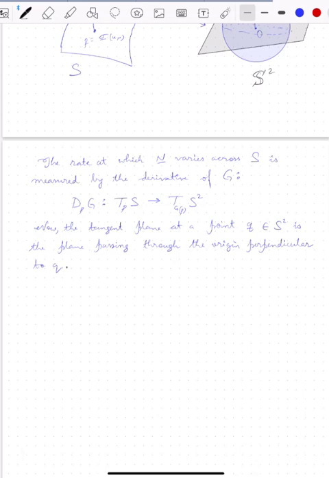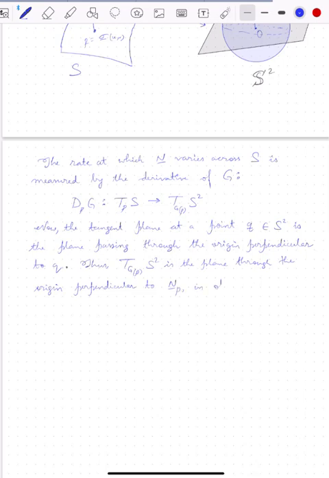So this implies that, thus, what we see from here is that T at G of P vector of S2 is the plane through the origin perpendicular to Q, that is, perpendicular to n vector, n of p vector.